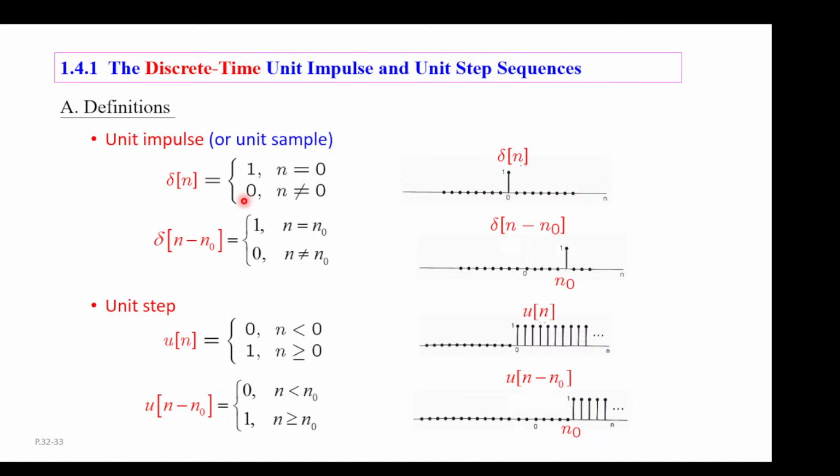It's 0 everywhere, except at n equal to 0, where it equals 1. So you can see why it's called an impulse, because it has an impulse at n equal to 0. It's also called the unit sample function, and we'll see really soon why. But it's just this function that's 0 everywhere and has a 1 here. So that's the unit impulse function for discrete time.